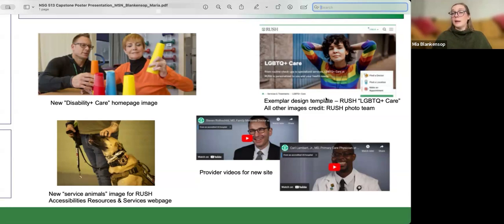And so this was our exemplar design. And we wanted to include all of the resources Rush had. We wanted to emphasize service animals and that those are allowed at Rush. And then here are some of the provider videos, just some screenshots that we were able to find of providers that seemed like a really good fit for our webpage.